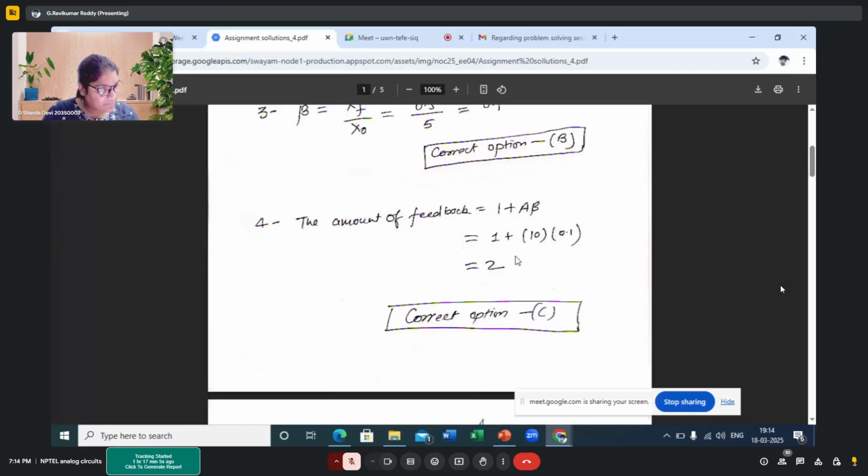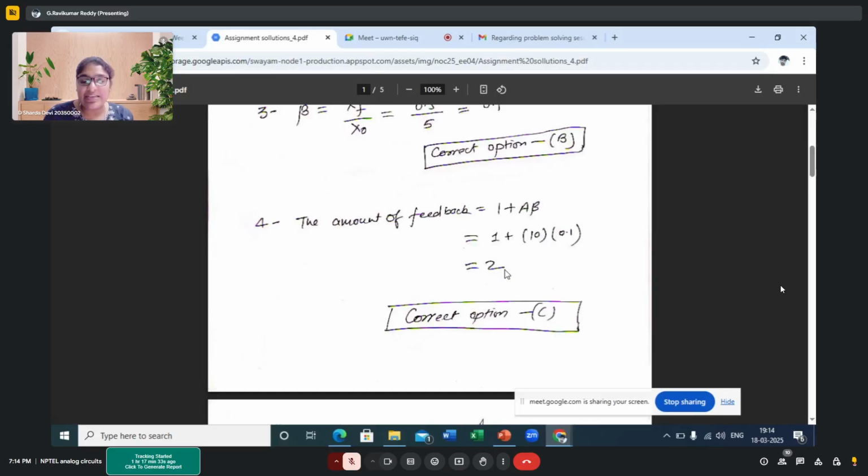So if it is the voltage, 2 volts is not feedback, no, madam. They have written this as 2. Is it 2 volts or only a number? It should be a number, because 1 plus A beta, beta is also similar to gain, right?